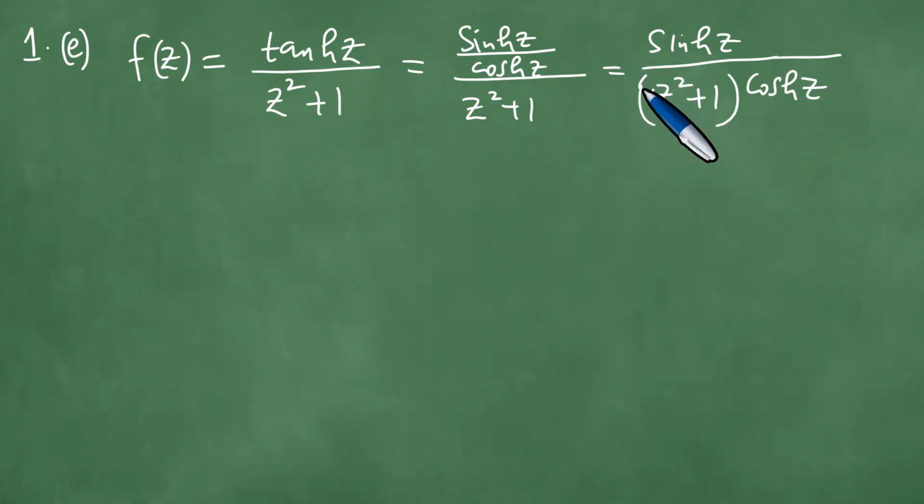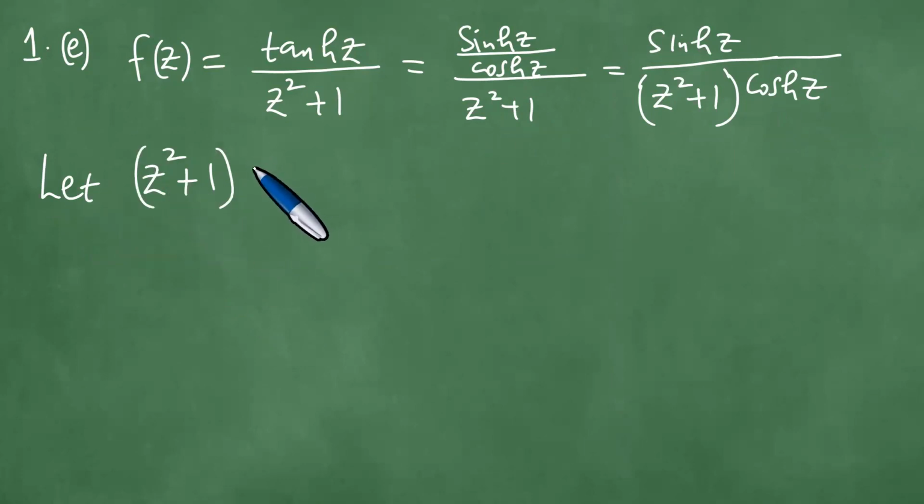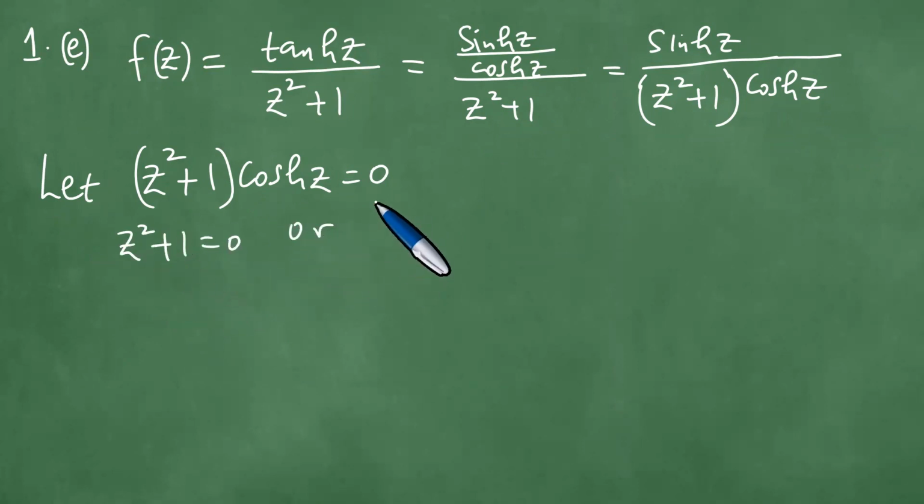Right, at this point we let the denominator be 0 for the point of discontinuity. So we let z squared plus 1 into the cos of z be equal to 0. This means that z squared plus 1 is 0, or the cos of z is 0. So z squared is equal to minus 1, which upon further examination gives z plus or minus i.